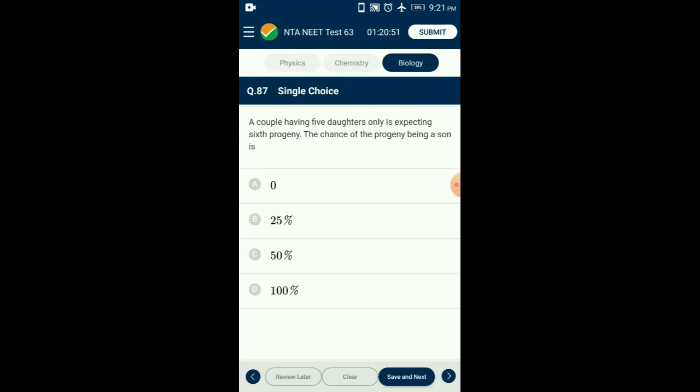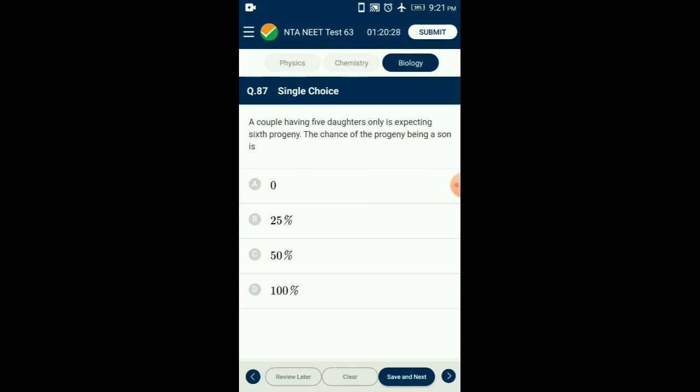Question number 87. A couple having 5 daughters only is expecting a 6th progeny. The chance of the progeny being a son is? A family of 5 daughters only is expecting a 6th issue. The chance of its being a son is 50%.